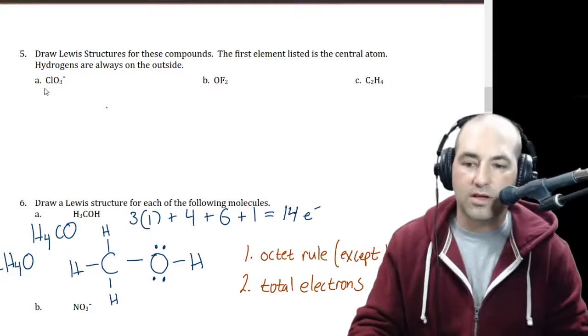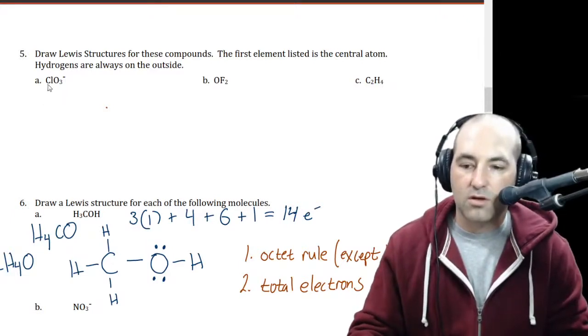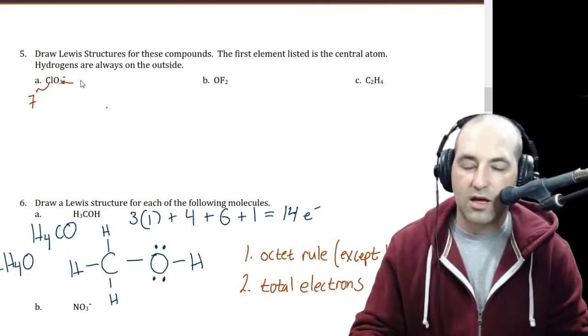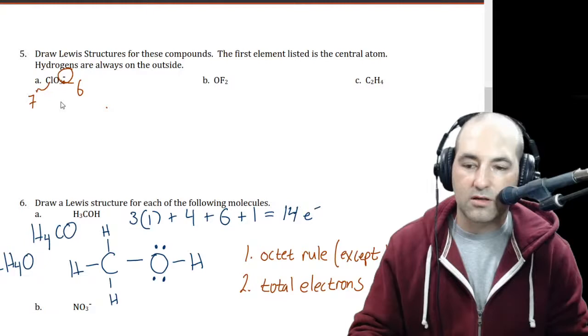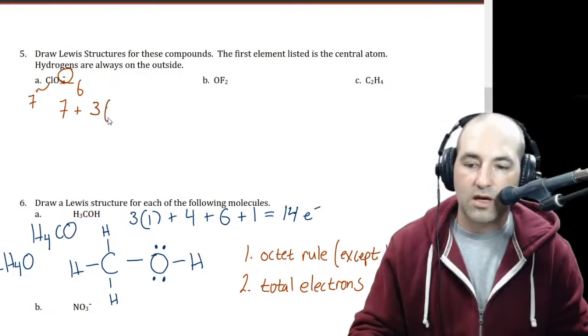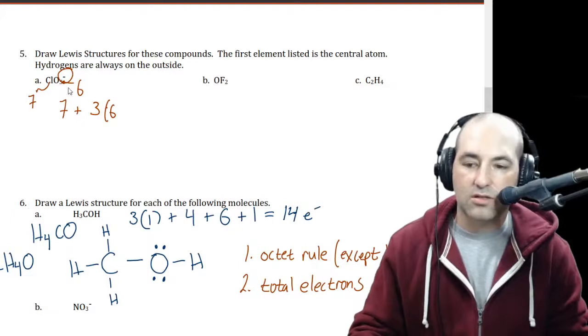We're going to count our valence electrons first. So we know chlorine has 7 valence electrons, and each oxygen has 6. And then we have to be careful because this is a -1 charge, so we've got an extra electron there. So our total electrons here are going to be 7 from the chlorine plus 3 times 6, since there's 3 oxygens, ClO3.